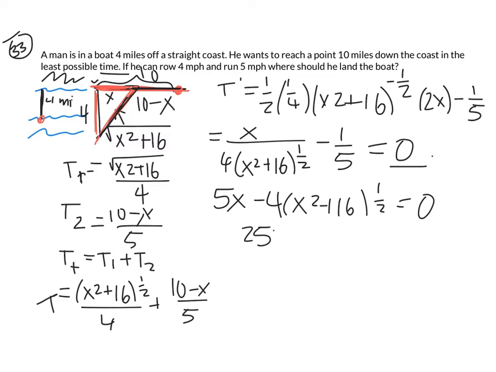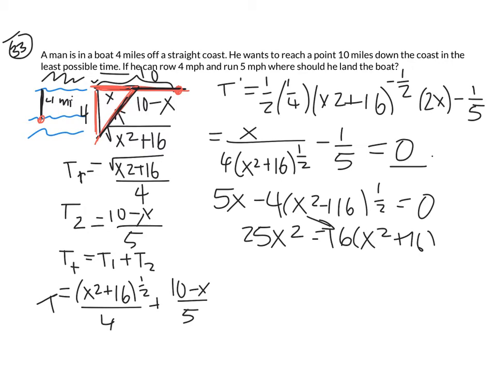So 25 x squared equals 16 times x squared plus 16. You see what I did? I moved that term over and then squared both sides, just because I'm running out of room, doing things at the same time here.